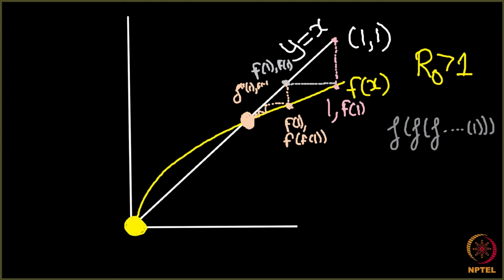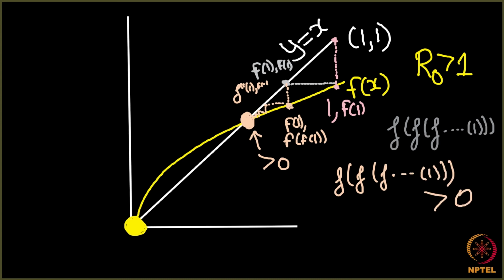This point is greater than 0, which means f of infinite times 1 is greater than 0, so the value of q star in this case is greater than 0.